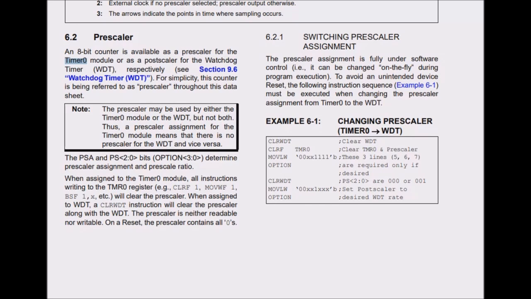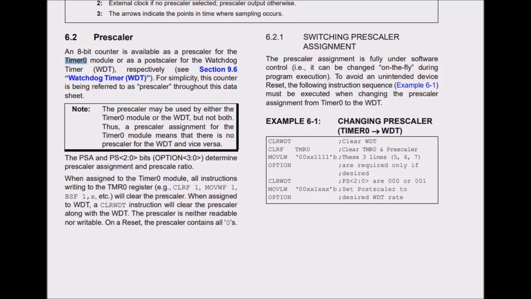The PSA and PS2 to 0 bits, OPTION 3 to 0, determine prescaler assignment and prescale ratio. When assigned to the Timer0 module, all instructions writing to the Timer0 register, example CLRF 1, MOVWF 1, BSF 1,x, etc., will clear the prescaler.